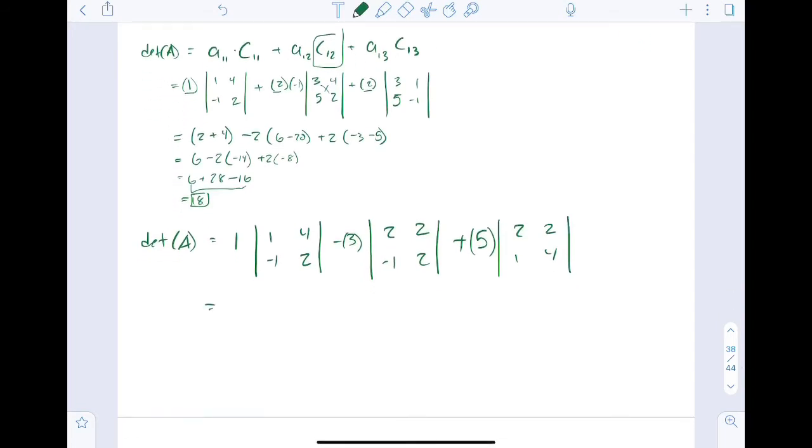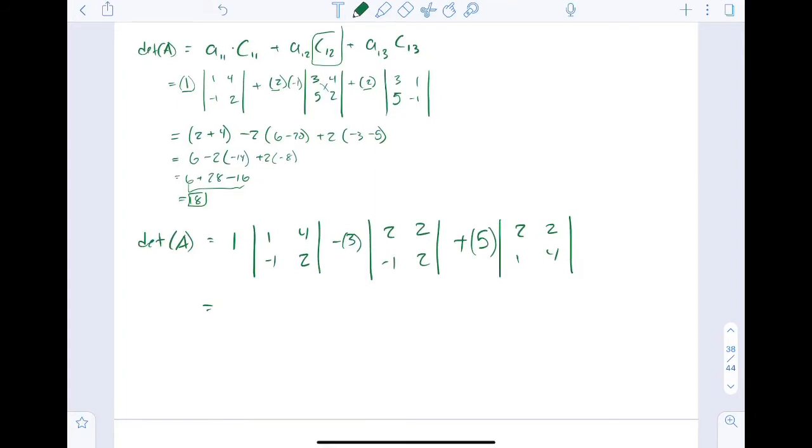The first one I already did up here, so that's just 6. Then -3 times 4 plus 2, plus 5 times 8 minus 2.